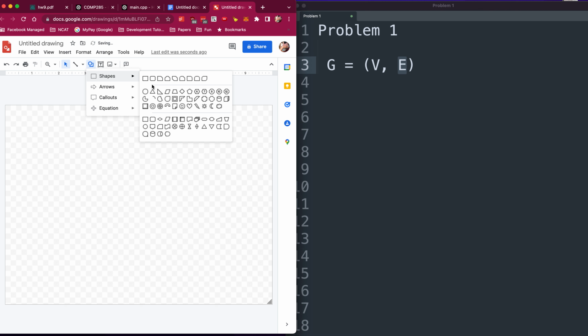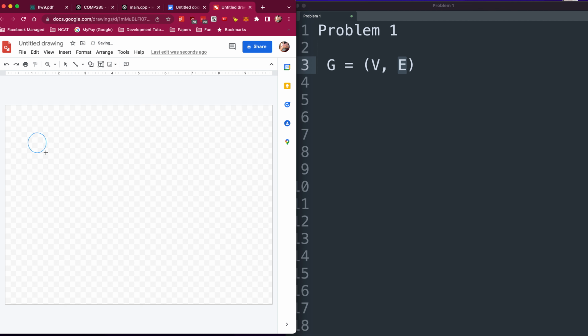Okay, so let's say these are our vertices. We've got a couple of them, etc. Let's draw some undirected edges between them. So let's say this is connected to this, and it's connected to this one, and maybe this one's connected to this one, and this is connected to this one, and this one's connected to this one, or something like that.